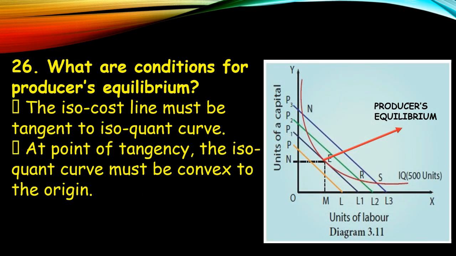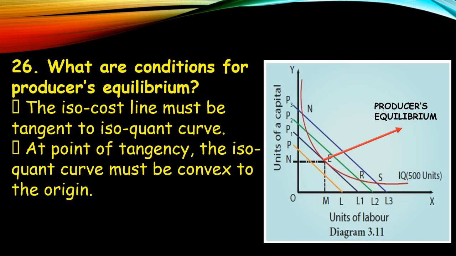The next question is: what are the conditions for producer equilibrium? There are 2 points. First, the isocost line must be tangent to the isoquant curve. The tangent should touch the axes, a straight line touching the x and y axis. Second, at the point of tangency the isoquant curve must be convex to the origin.